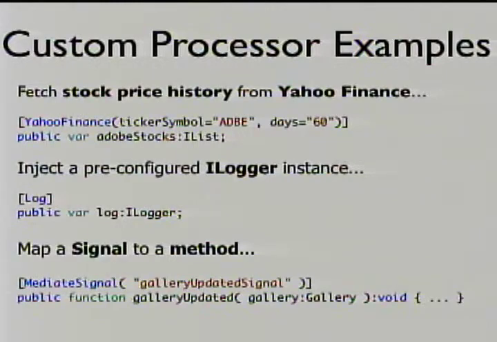When Swiz is looping through finding all the metadata, if it comes across that, it's going to call the Yahoo Finance metadata processor, which in turn looks at the ticker symbol and the days, goes and finds the history, the last 60 days for this example, and sets it to the Adobe Stocks property. So with one line of code, you didn't have to write very much. Some of these are obviously more practical than others, but just to show the power behind it.